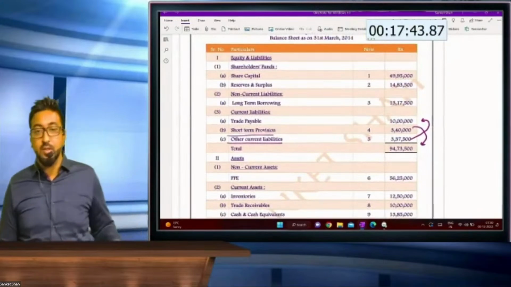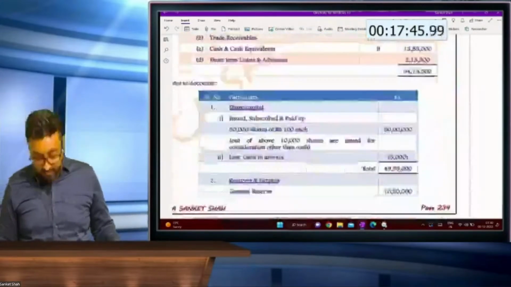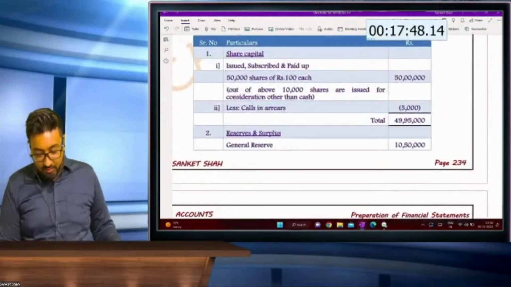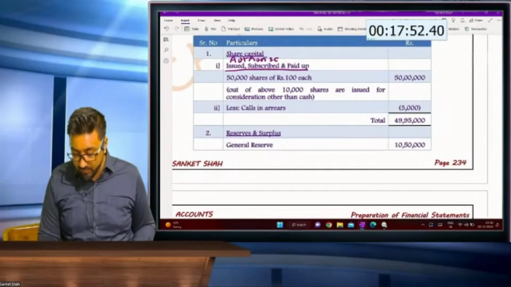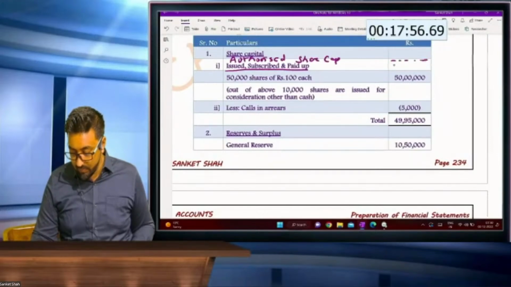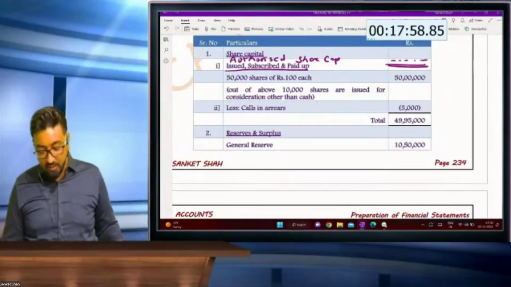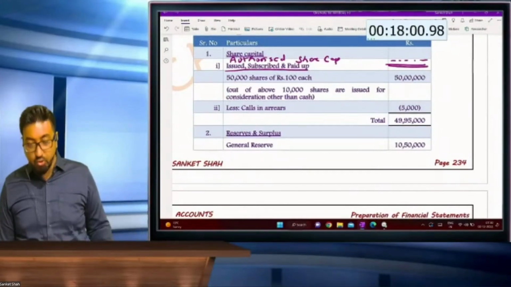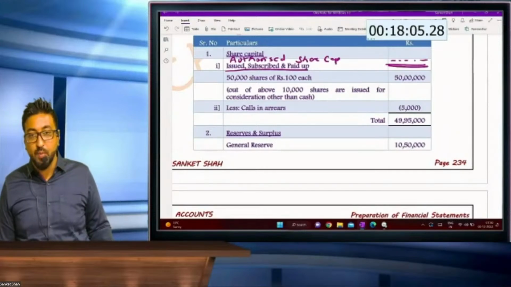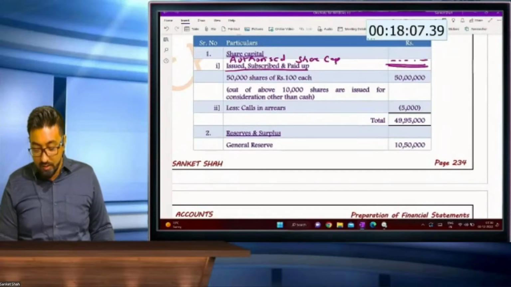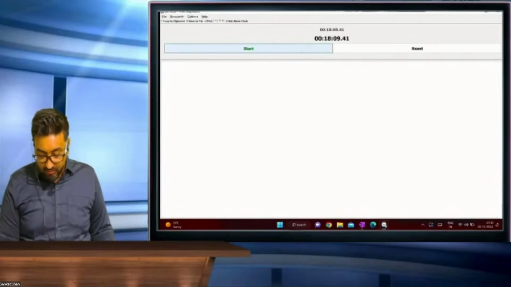Shareholders' funds, share capital. You can see in share capital, issued, subscribed and paid up. Actually, you should write authorized share capital, dash dash double underline. Issued, subscribed and paid up capital: 50,000 shares of 100 each, out of which 10,000 shares are issued for consideration other than cash.